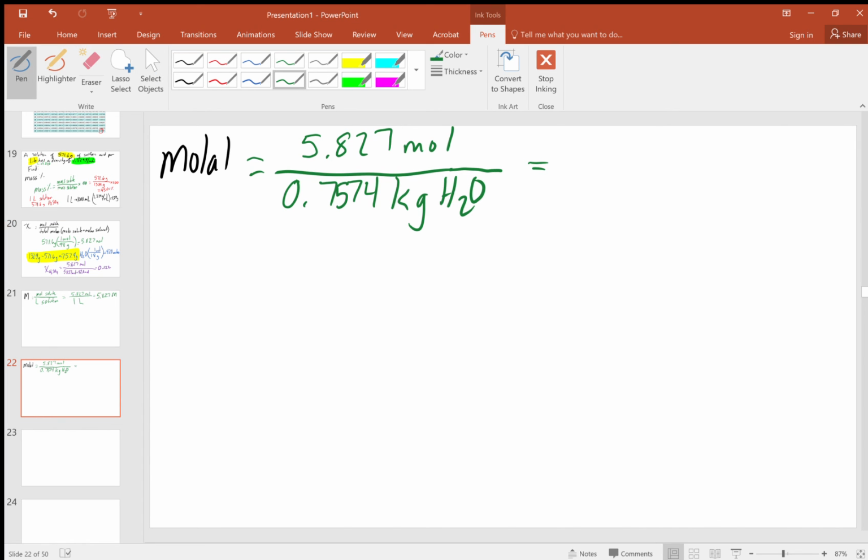And so the molality here is 7.69 molal. So we said before if the solution was dilute that the molarity and molality would be similar. Here in this case, this is definitely not a dilute solution, and so these numbers are not at all similar.